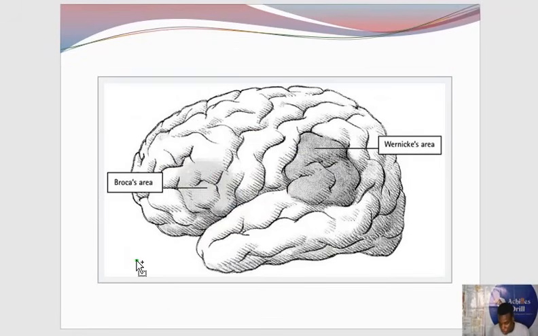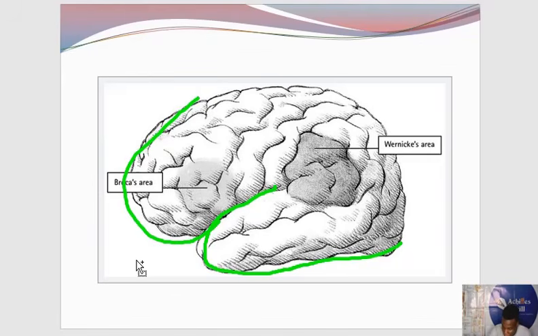I was mentioning something about the Wernicke's area. The Wernicke's area is right here. Traditionally, it is located on the superior temporal gyrus. I sense someone is confused, but let me walk you through this. We do have the temporal lobe of the brain. We already established the parts of the frontal lobe.